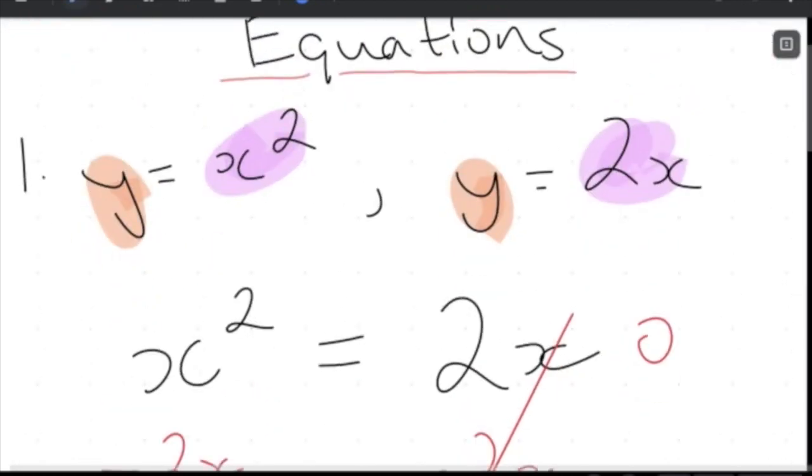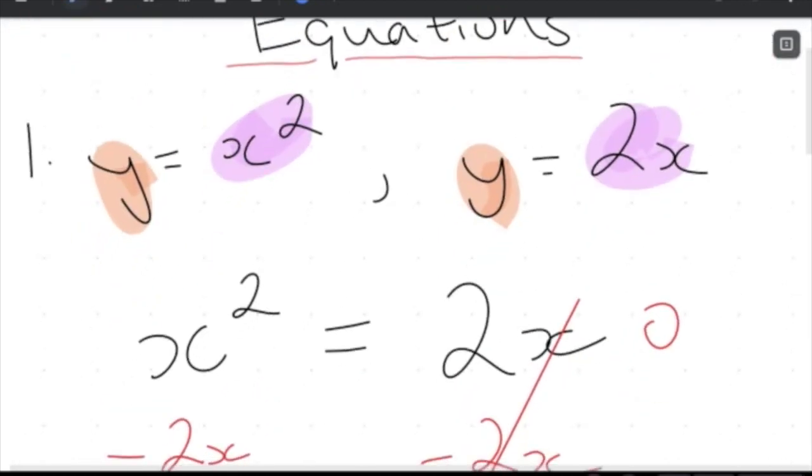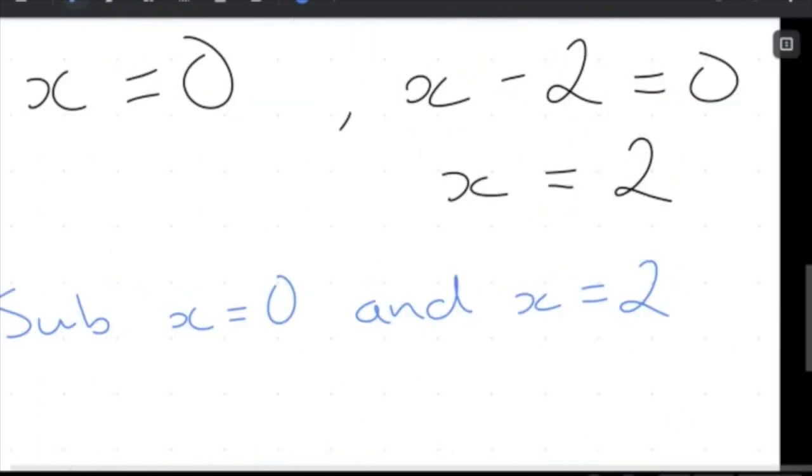Now remember, since these two lines are meeting at those exact points, I can either substitute this into equation 1 or equation 2. Now it's up to you which one you want to choose. They're about the same level of difficulty to substitute in. I'm just going to substitute this into 2.